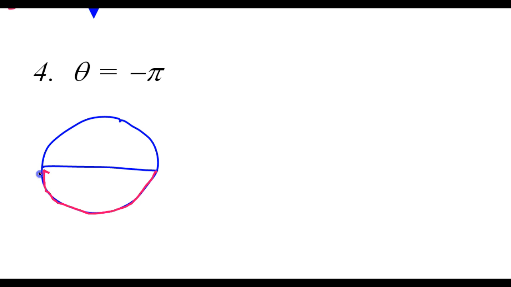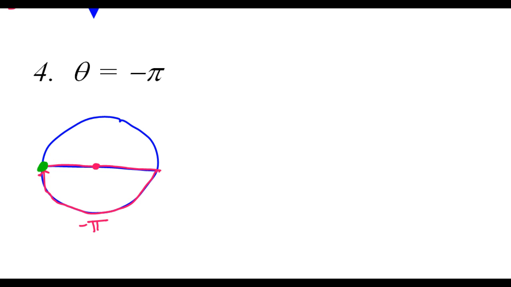So if I went like that, I just went negative pi. I had my initial side and then my terminal side ended up right here. So I've moved negative pi. But any way you slice it, here's where I land.